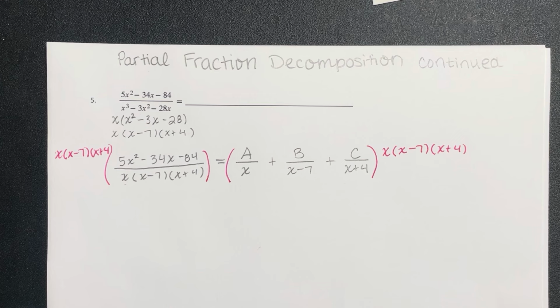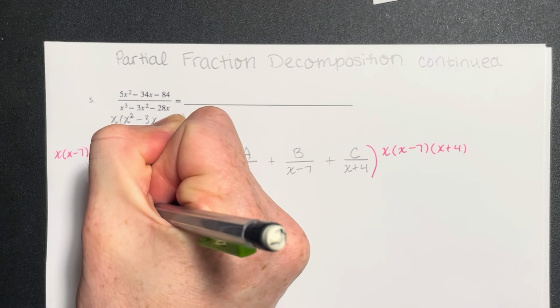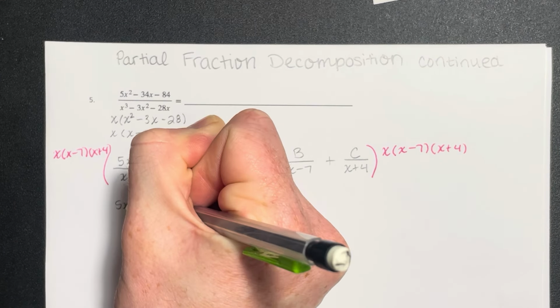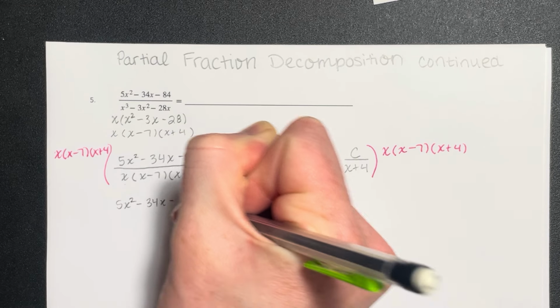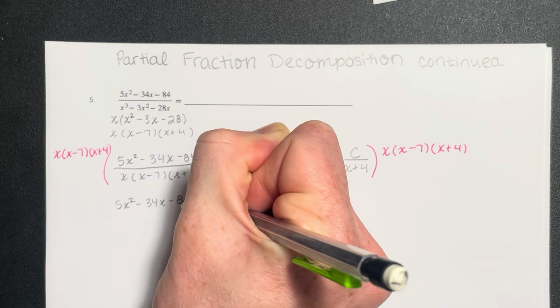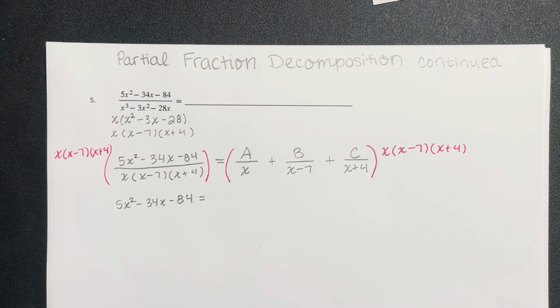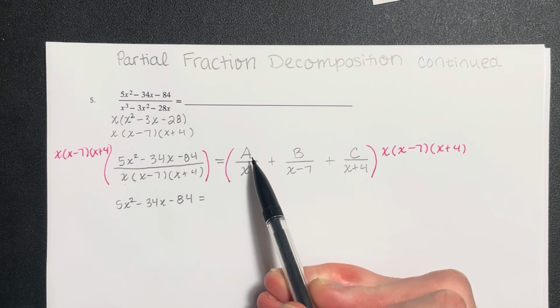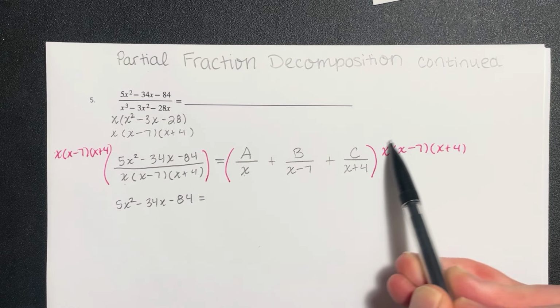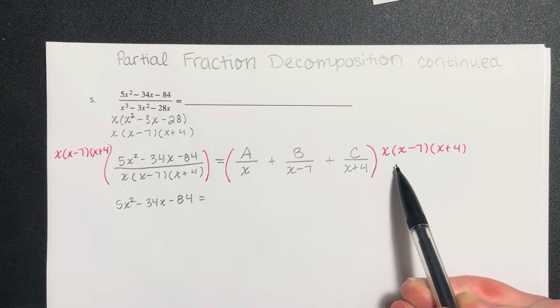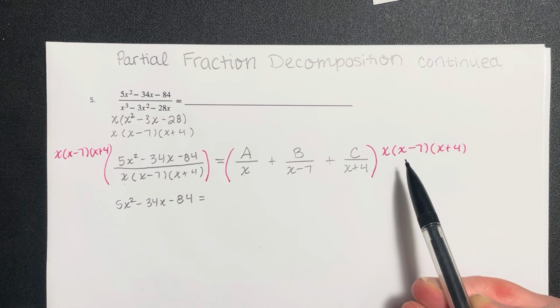In that first fraction, we just have 5x squared minus 34x minus 84. And then when we multiply on the right side, we're multiplying a over x times our common denominator, x times x minus 7 times x plus 4.